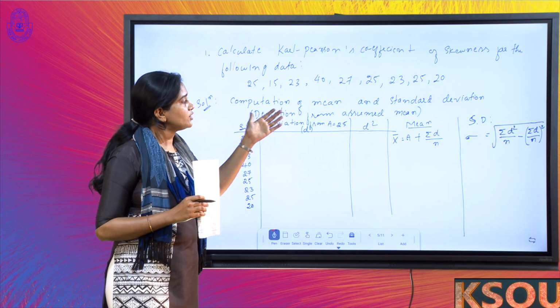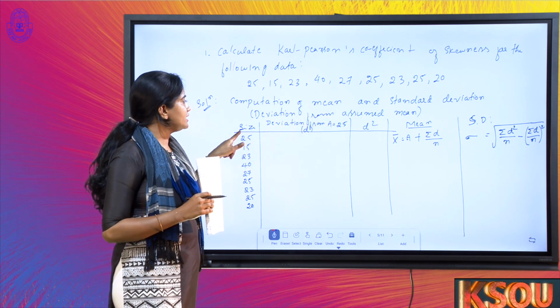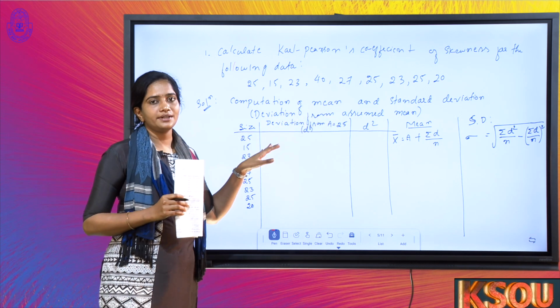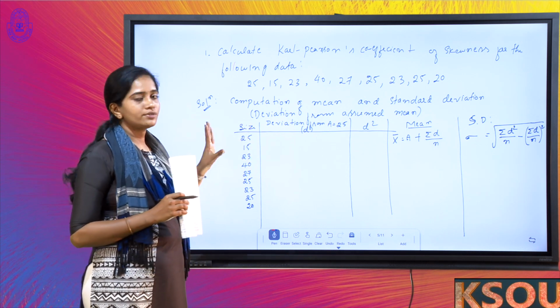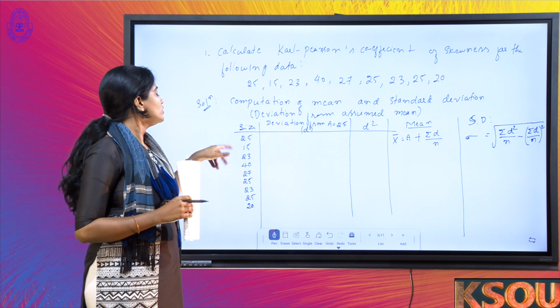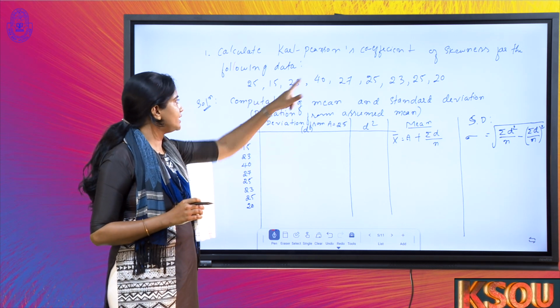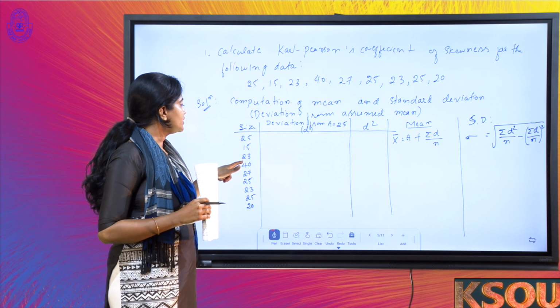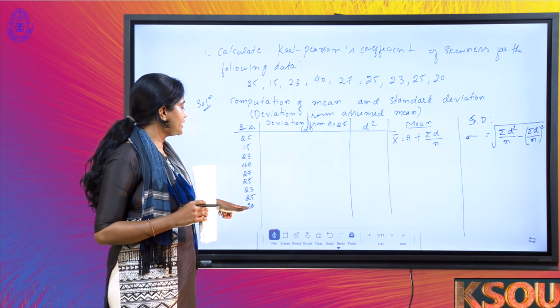Computation of mean and standard deviation. Here you can calculate the mean and standard deviation by the deviation from assumed mean method. For that you take size, that is the given data: 25, 15, 23, 40, 27, 25, 23, 25, 20.